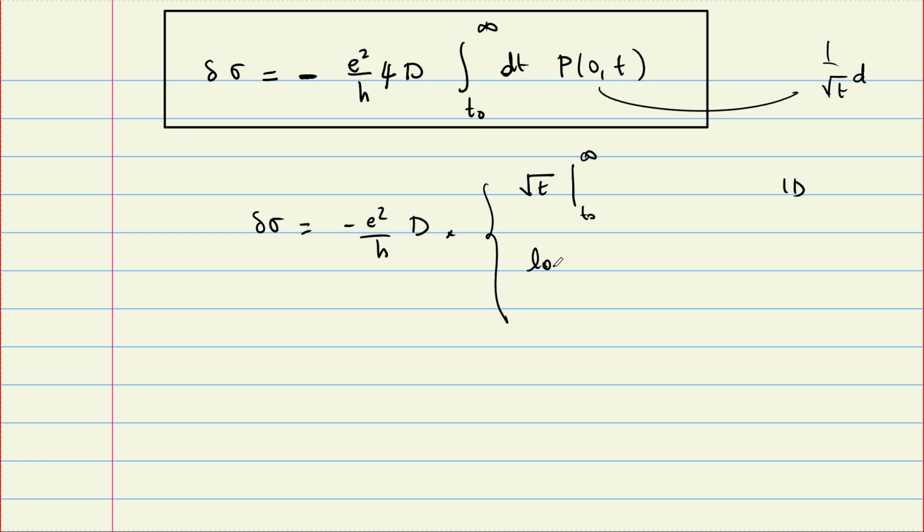In 2D, this is ln of t naught to infinity, and in 3D, this is 1 over t naught to infinity, so this is finite. So this blows up, and this blows up.